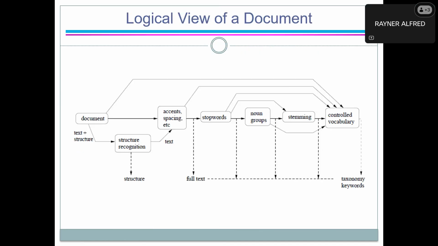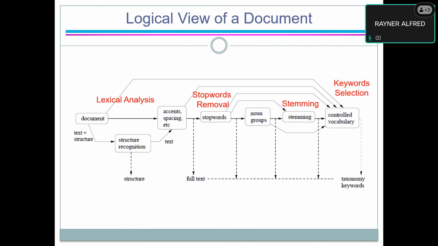Okay. So when we look at the whole process, we're starting from the document, we analyze using the lexical analysis, where we tokenize them, and then we remove the stop words, and then we do the stemming, and then we have the list of words that we can select to put in our list of terms that will be used to group the document.